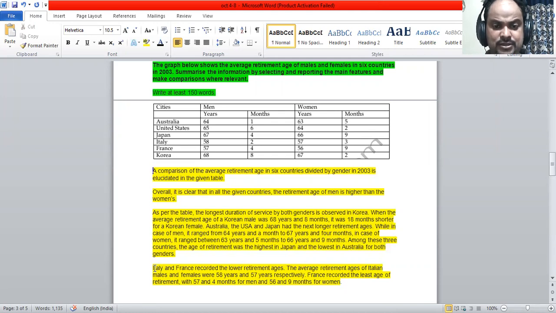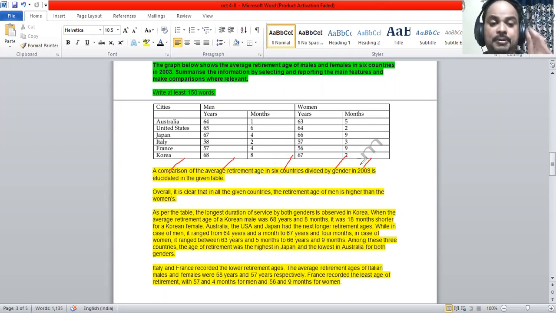Divided by gender, men and women. When: in 2003, as elucidated in the given table. So you can say very clearly: a comparison, average retirement age, 6 countries divided by gender in 2003.